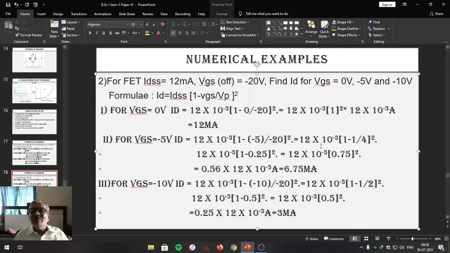So 12 into 10 raised to minus 3 into bracket 1 minus 1 upon 4. That comes to be 12 into 10 raised to minus 3 into bracket 1 minus 0.25. That is 12 into 10 raised to minus 3 into bracket 0.75 bracket square. Its square comes to 0.56. 0.56 into 12 into 10 raised to minus 3, it is 6.75 milliampere.